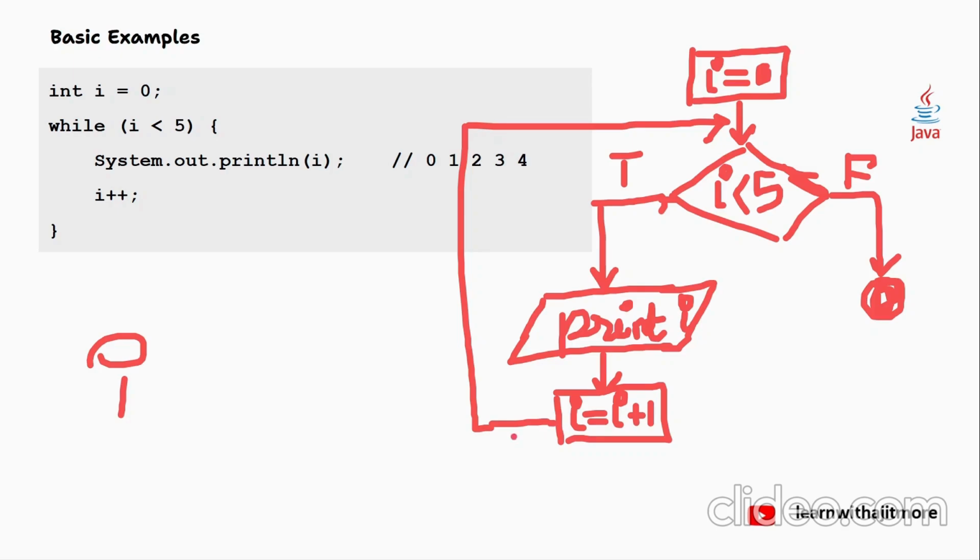I equal to I plus 1, 2. Is 2 less than 5? Yes. Print 2. Make it 3. 3 less than 5. Yes. Print 3. Make it 4. 4 less than 5. Yes. Print 4. And make it 5. So when it becomes 5, the condition is false, and then it will stop the loop and continue with the remaining code.